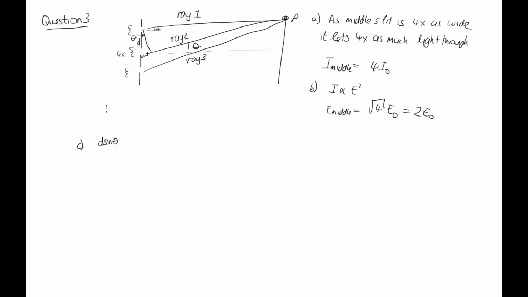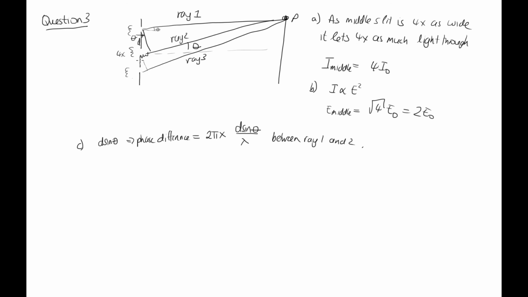And so the phase difference is going to be equal to 2 pi times the additional path length that's traveled, which is d sin theta, divided by the wavelength of the light. And then we need to do it for each of these pairs. So that was between ray 1 and 2. Let's do ray 2 and ray 3.